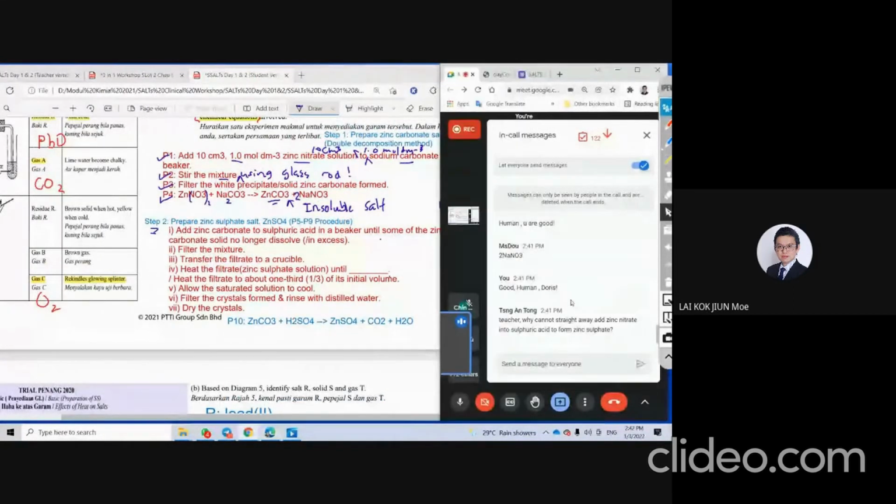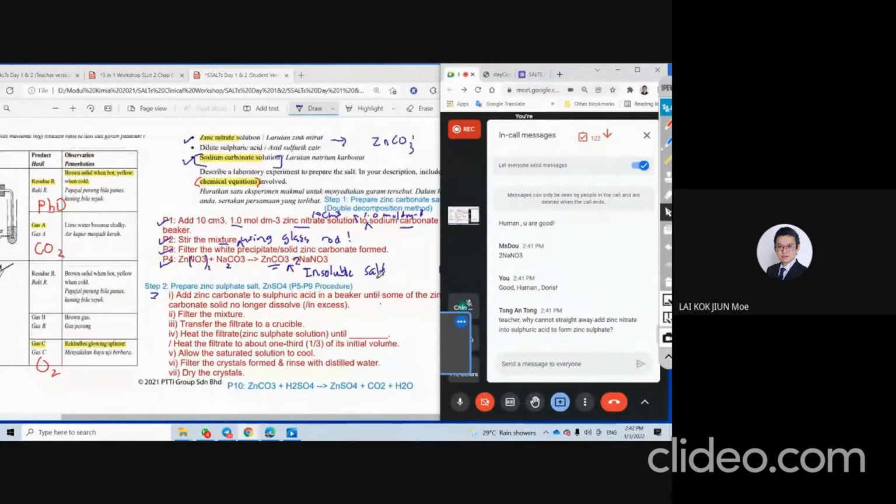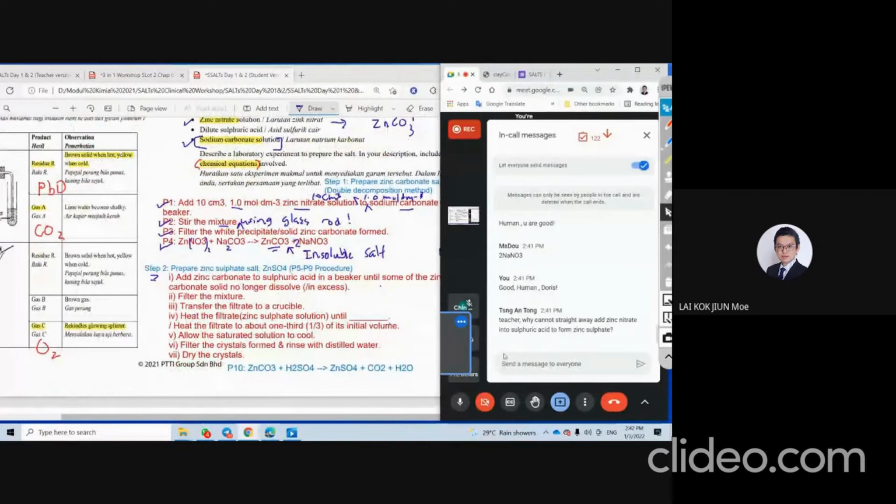And then you can see, why can't we straight away add zinc nitrate into the sulfuric acid? Zinc nitrate put inside zinc sulfate. Okay, now you've got a problem. Zinc nitrate put inside the sulfuric acid.